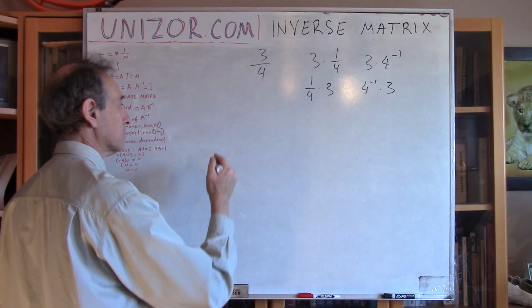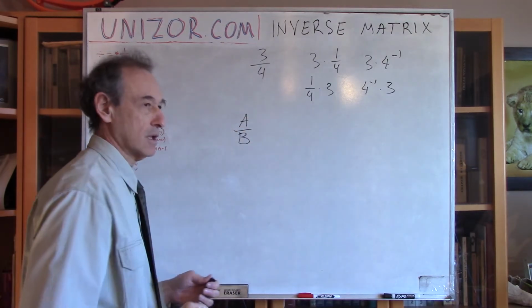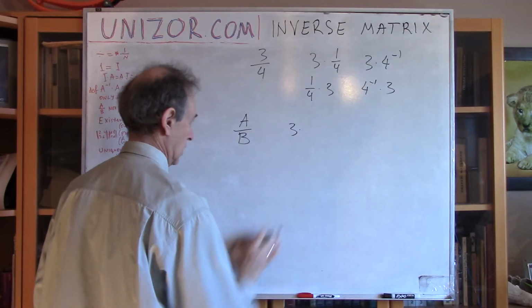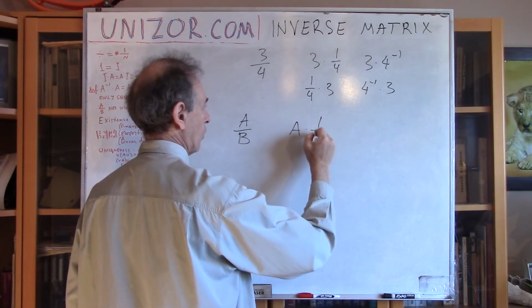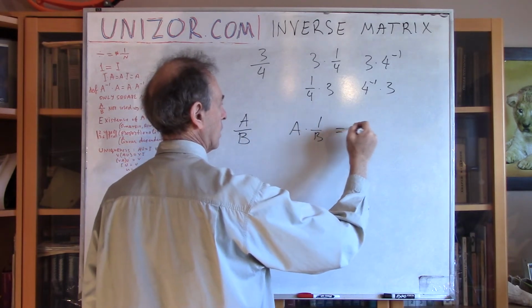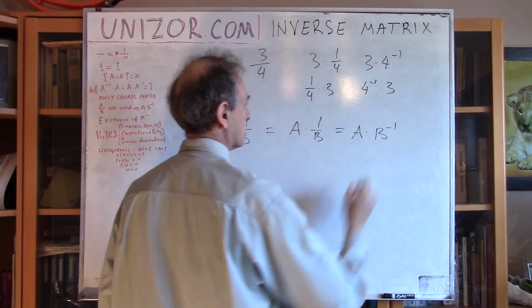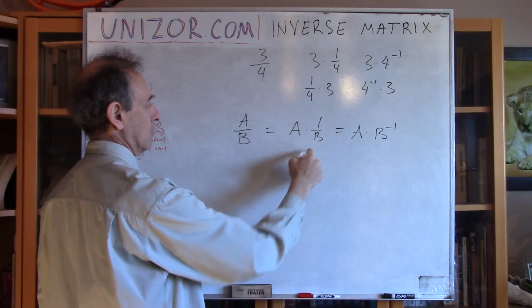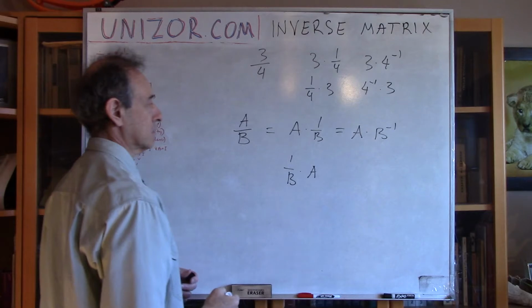Now, let's talk about matrices. What if we want to divide A by B? Analogously to this, we can say this is A times 1 over B, or A times B to the minus 1. But why did we write it this way? We could have written it this way, right?